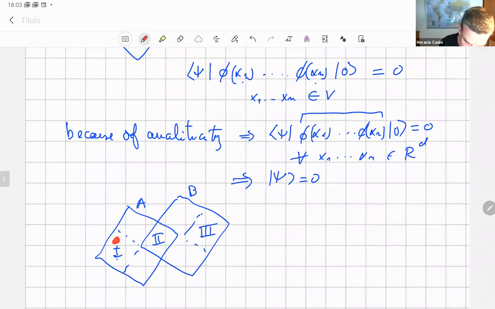In particular, I can create a state that is entangled, let's say an EPR pair between region 1 and 3. It means that acting with local operators in region 1, I can create an entangled pair. So it means that there is some distillable entanglement.